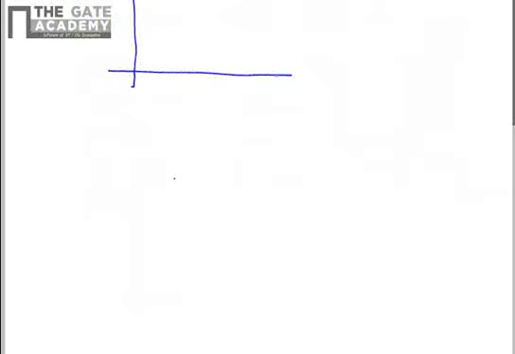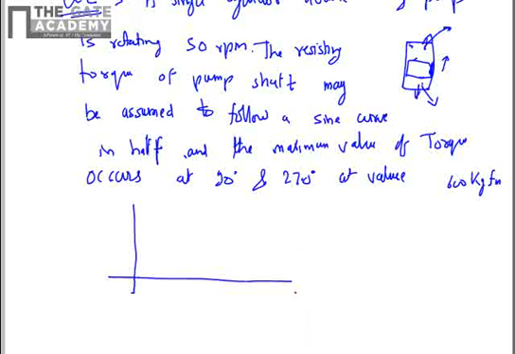So one complete revolution of the pump will be 0 to 360 degree. Then we have 180 degree, 90 degree, 270 degree. And it is said that one half of revolution is one sine wave cycle. So obviously we'll take 0 degree, and the peak occurs at 90 degree.